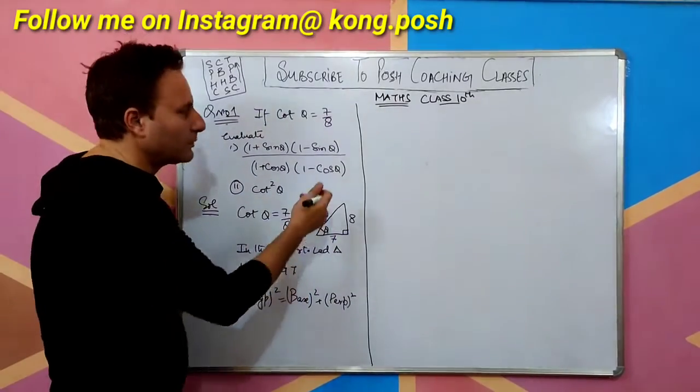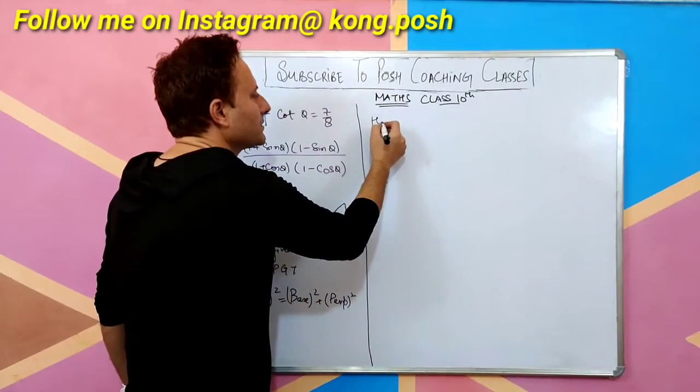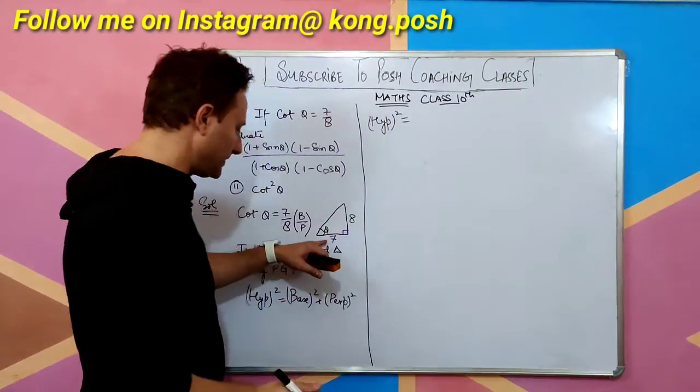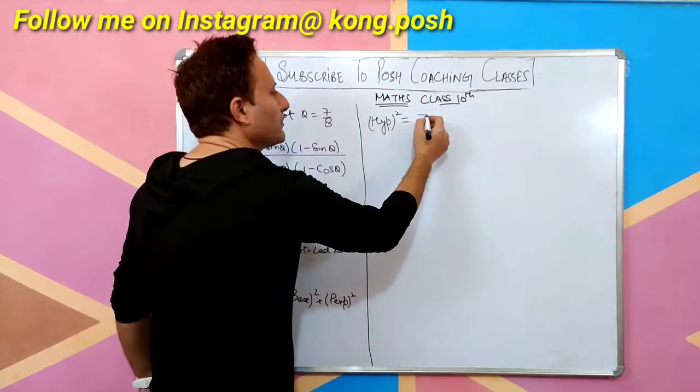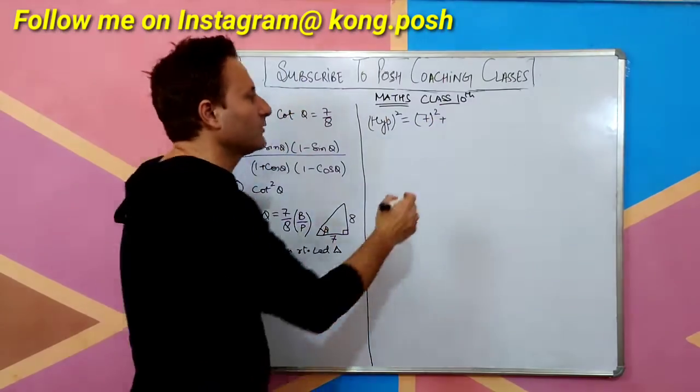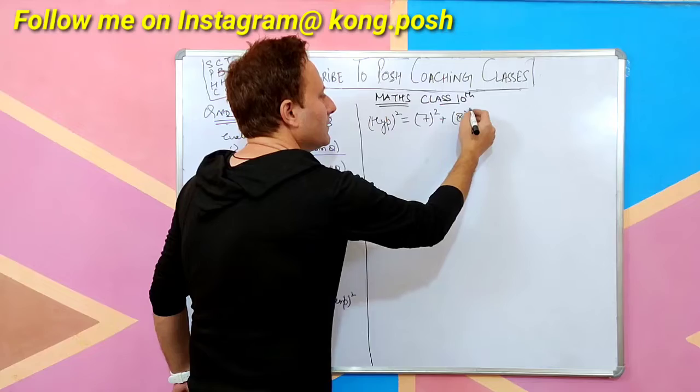Hypotenuse is the thing that we are searching for. Base is 7, so we put 7 square, and perpendicular is 8, so it is 8 square.